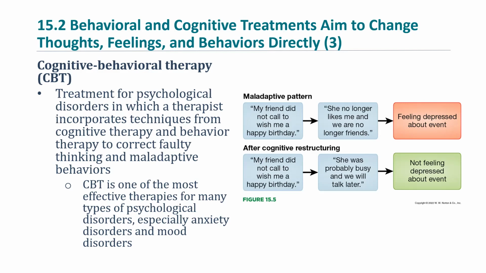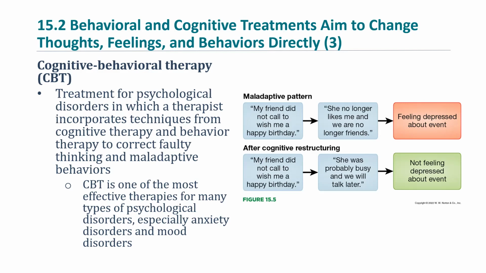In this cognitive restructuring example, CBT would also work on changing the person's behavior as well as their thinking. The example shown here gets the person thinking differently, to not assume the worst: the friend didn't call, so it must be that she was busy.